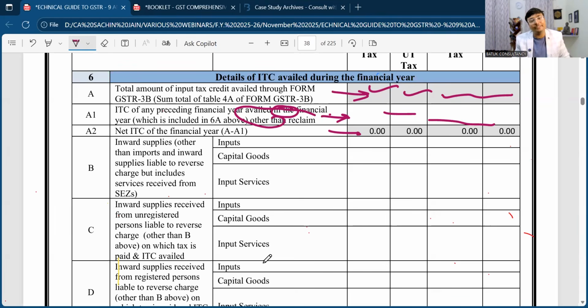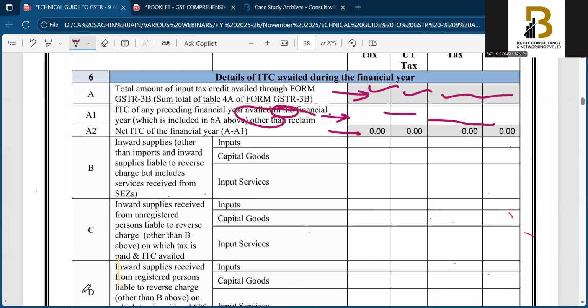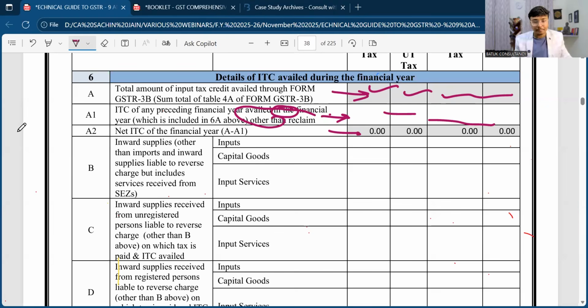We will discuss the RCM related figures. We will discuss where we need to show. No, the input tax credit in 3B which we have claimed in 2024-25, we have just excluded the figures related to preceding financial year, that is 2023-24.